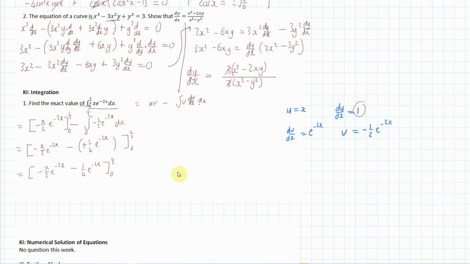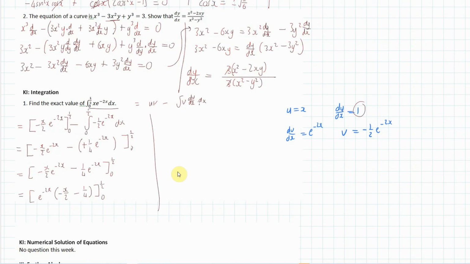Okay, and when we do that, we could actually even factorize further, so we could go e to the negative 2x, bracket, negative x over 2 minus 1/4. I could even take the half out there as well, but anyway, I'll just leave it there.